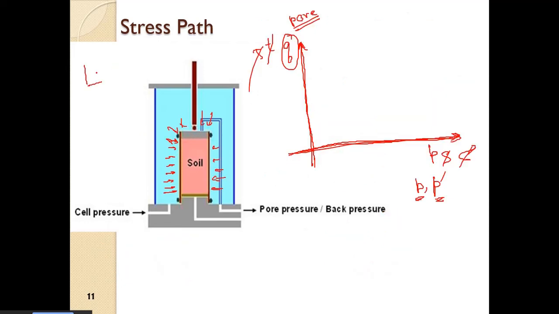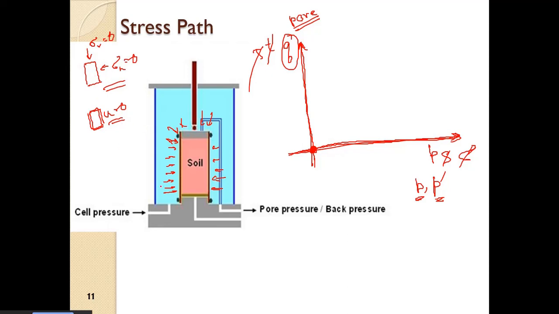We took out the sample, and now sigma V is equal to 0, and similarly sigma H is equal to 0. And we have some amount of pore water pressure, but we will consider it to be equal to 0. So ultimately all of the stresses are at zero at this state. We assume that because there is no way of measuring this pore water pressure, so we assume that the pore water pressure initially in the sample is also 0.